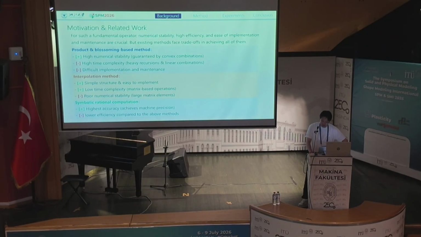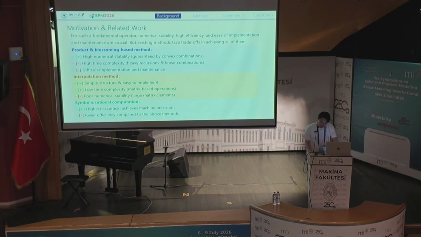But existing methods face trade-offs in achieving all of them. Reviewing the existing methods, the product and blossoming-based method ensures good numerical stability via convex combinations, but heavily relies on recursion and linear combinations, which make it inefficient and hard to implement, especially in higher orders and dimensions.